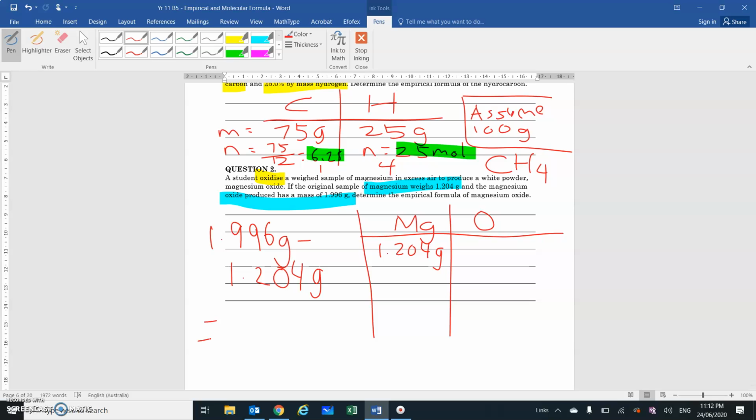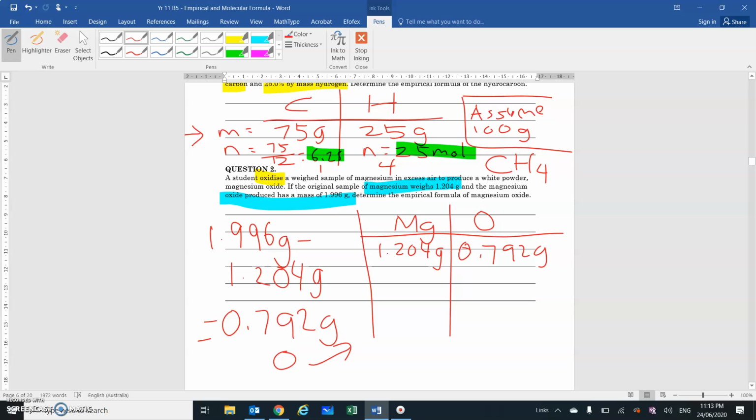So 1.996 minus 1.204 gives us 0.792 grams of oxygen. We put that in our table. So we're effectively at this step from the previous question.